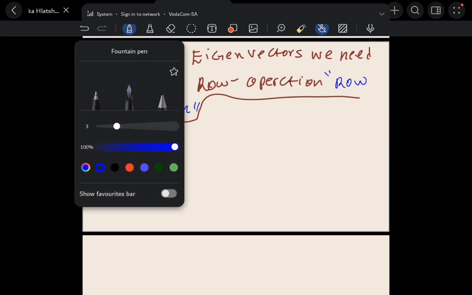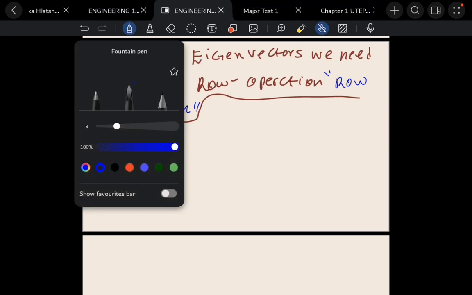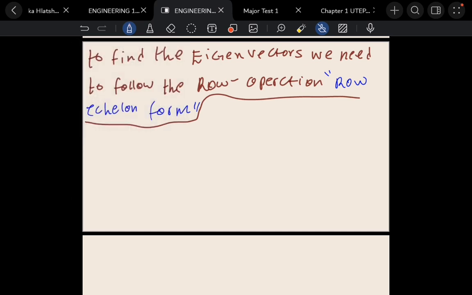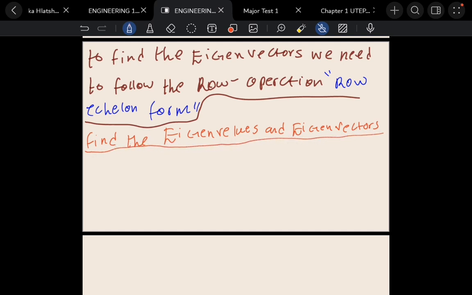Let's change it to this one, right? So find the eigenvalues and eigenvectors. Let us try to find the eigenvalues and the eigenvectors. So for A, let me just give you a matrix A, which is 5, 5, 5, 5.